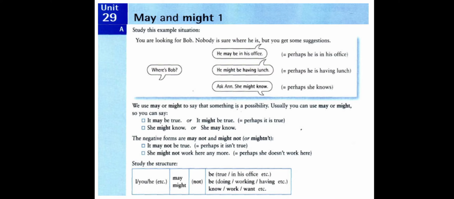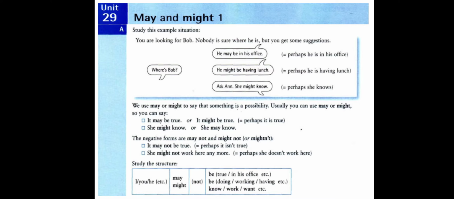That means perhaps it is not true. She might not work here anymore. Here, if you notice, you find that we use not after might, between might and the base form of the verb work. So it becomes she might not work here anymore.